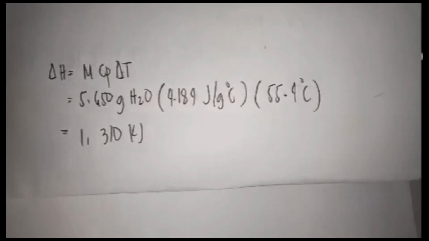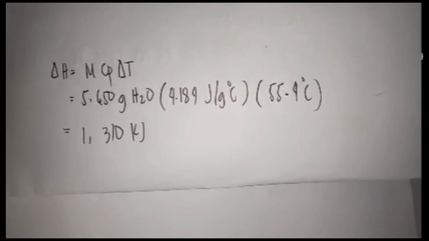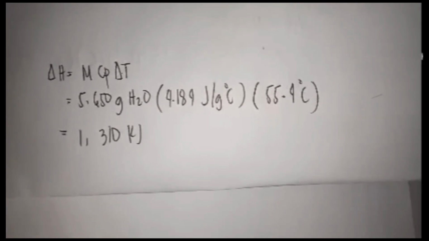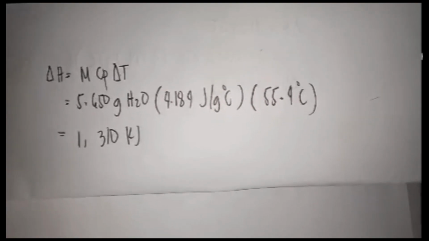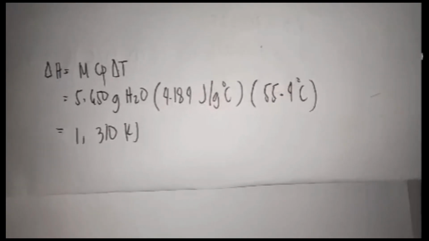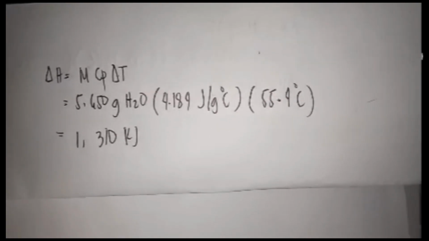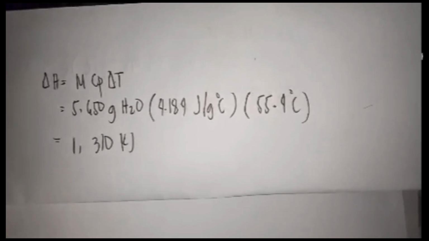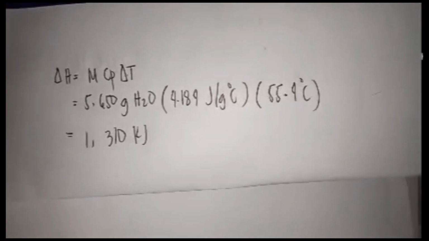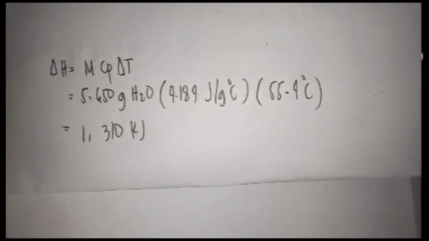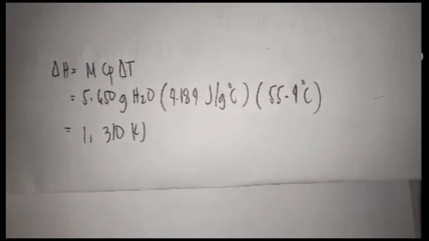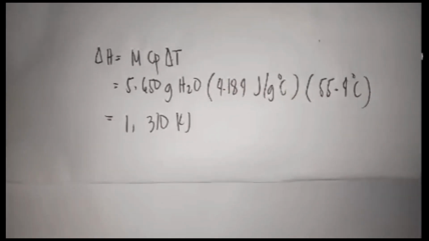In grams, 4.184 joules per gram per degree Celsius was the heat capacity of the water, and 55.4 degrees Celsius is the change of temperature. We'll multiply everything, and then we will get 1,310 kilojoules.